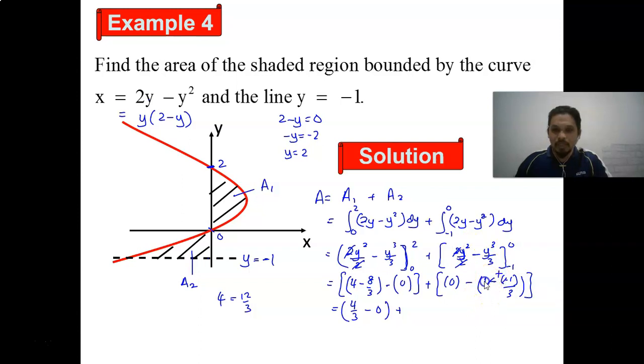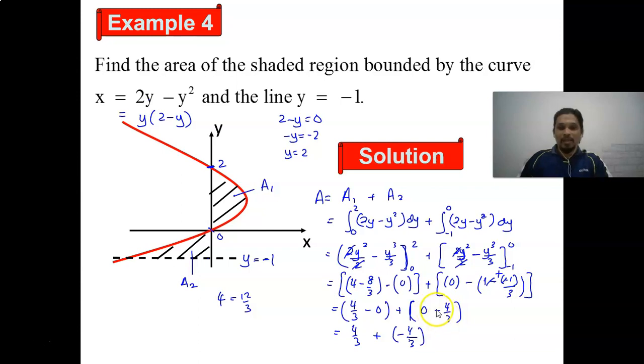So 1 turns into a ratio with a denominator of 3, which is 3/3. 3/3 plus 1/3, positive and negative. 0 minus 4/3. Okay, so class, this is 4/3 plus negative 4/3.